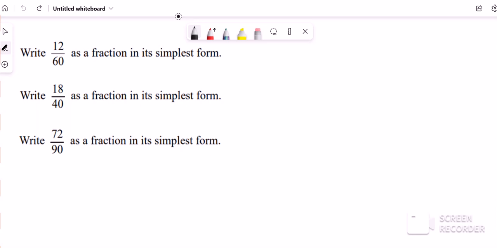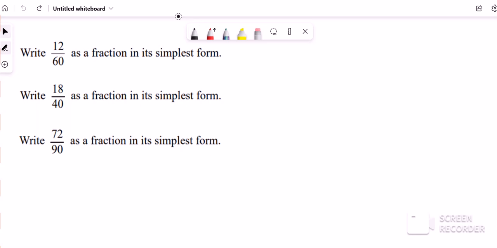in its simplest form. The best way to approach these questions is basically to divide both the numerator, i.e. the upper number, and the denominator, i.e. the lower number, by the same number till we can't divide anymore.